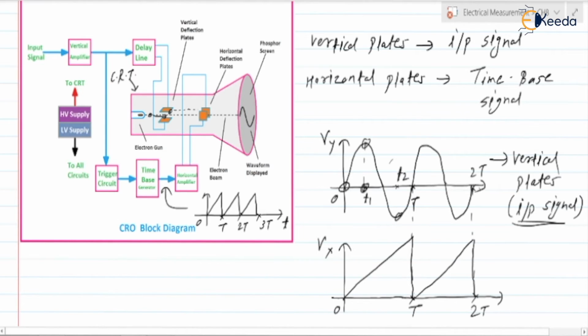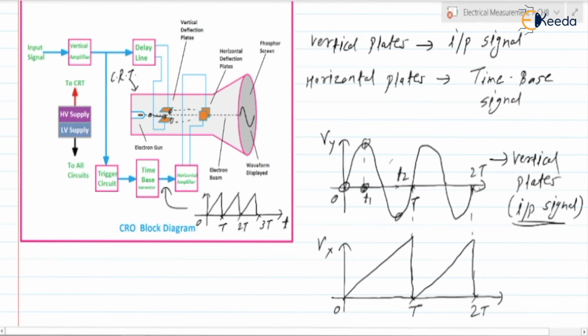Then whatever next electron comes here will be shifted in the downward direction, and after leaving that, it will again move forward. So the vertical movement of the electron will depend on the magnitude of the input signal.